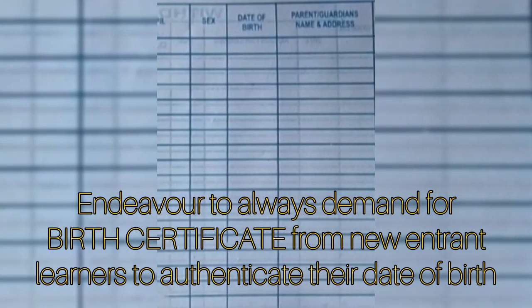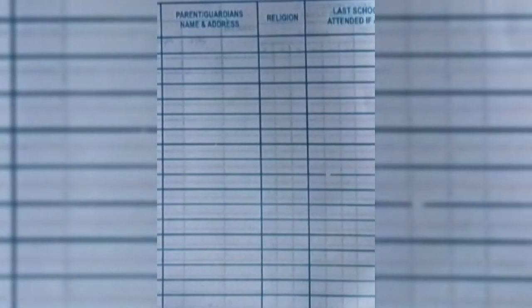So it is now the date of birth on the birth certificate that you insert here, like 01/04/2009, and you come to the next column, that is the parent or guardian's name and address.